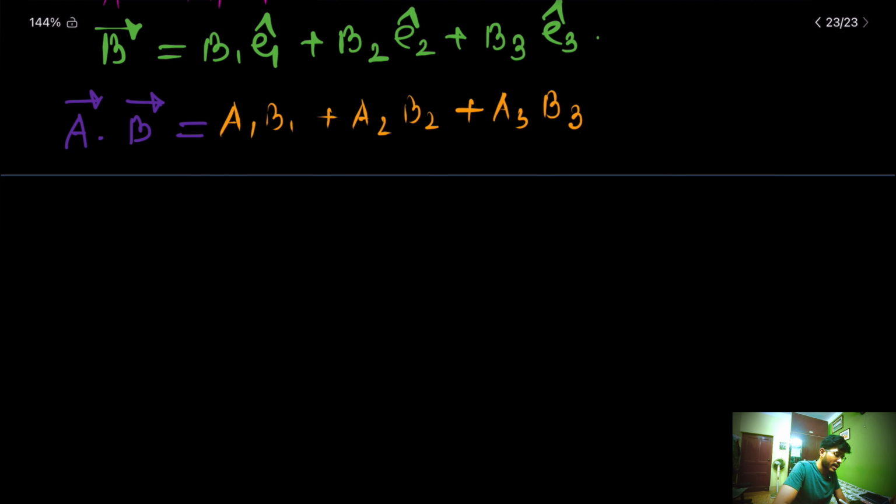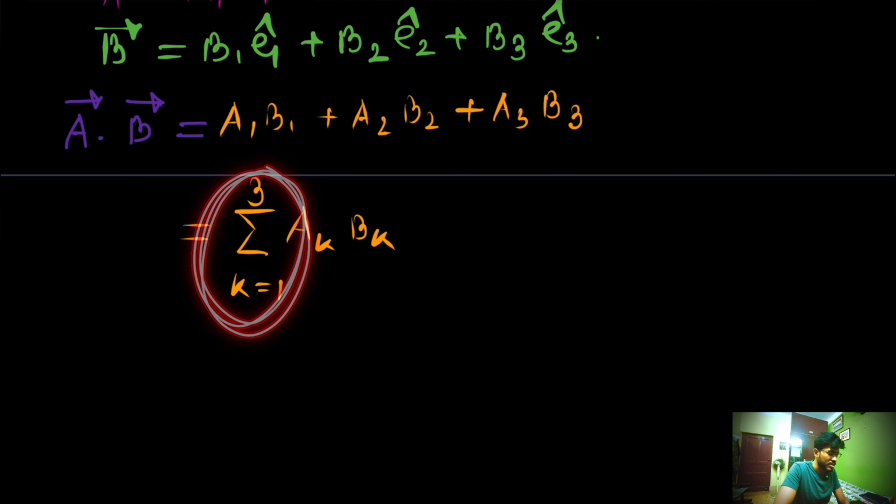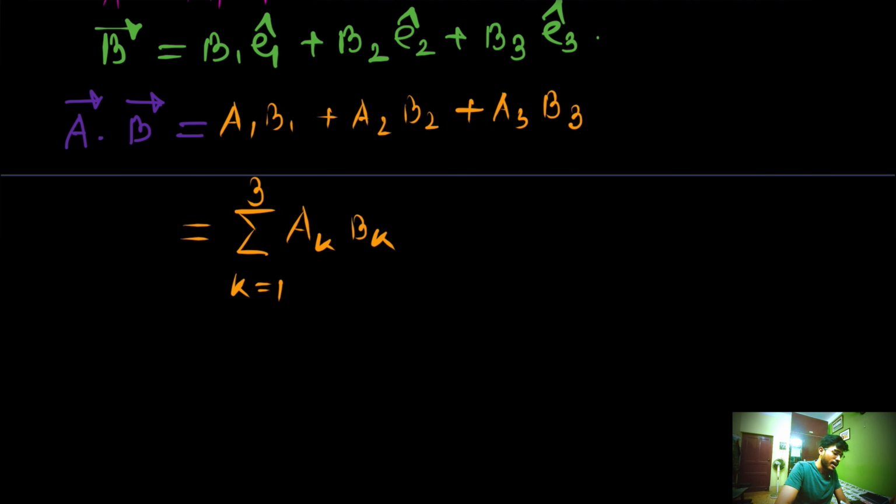And also I can write it like this: summation of AK BK from K equals 1 to 3. Now we are very lazy, and because of that we omit this notation, summation K equals 1 to 3, and we write it directly as AK BK.